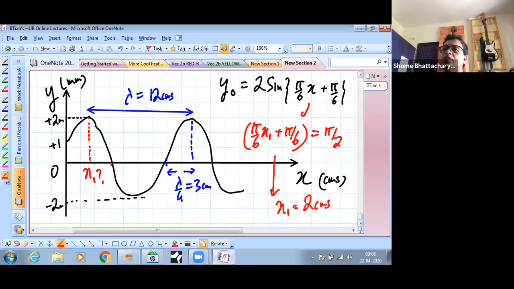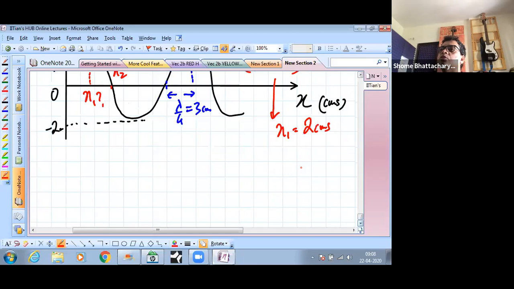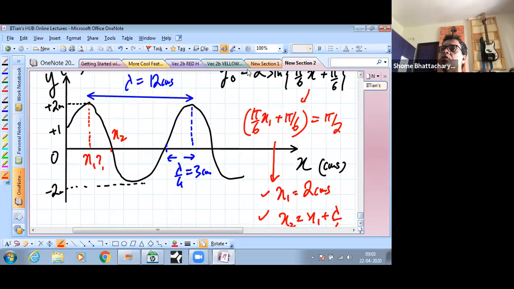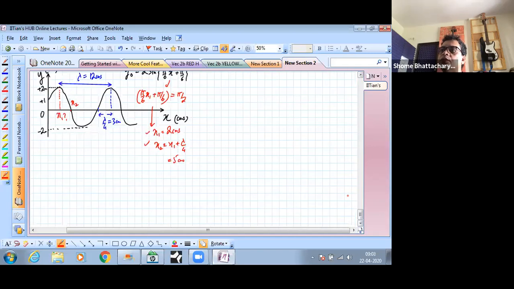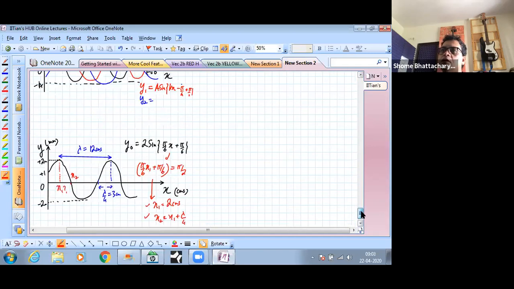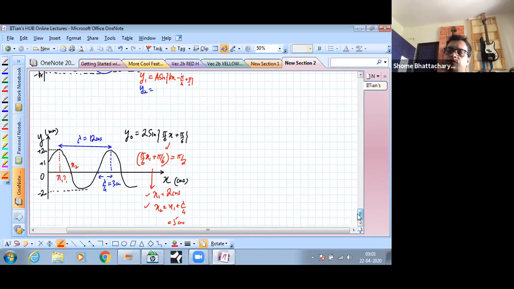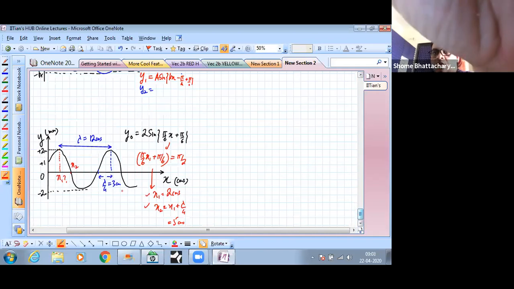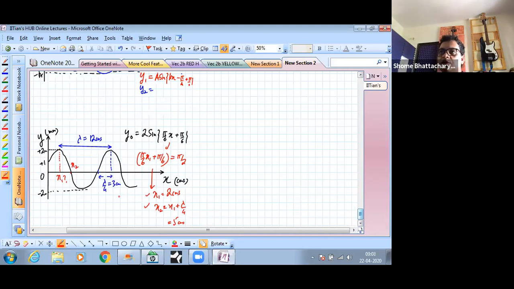Once you know x1 is 2 centimeters, you will know that x2, let's say this point, just becomes x1 plus a quarter of a wavelength, so it becomes 5 centimeters. Any other point you want to reference, x3, x4, etc., you can find it. So these types of questions also become important in the interpretation of wave situations. Okay, so I hope you people are clear with this one so far.